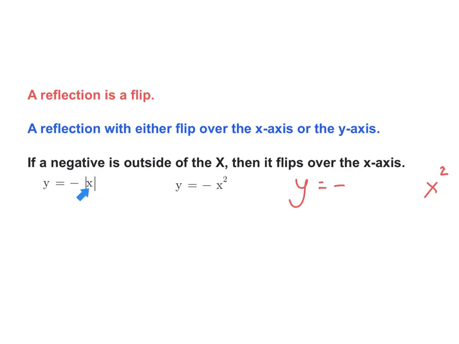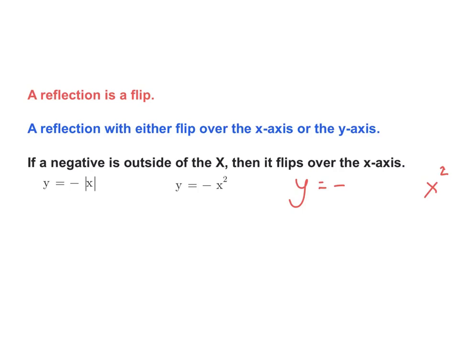There's an x inside. So this would take the absolute value parent function and flip it over the x-axis. It would turn it upside down. This would take a parabola and flip it upside down. Okay? Right over the x-axis.